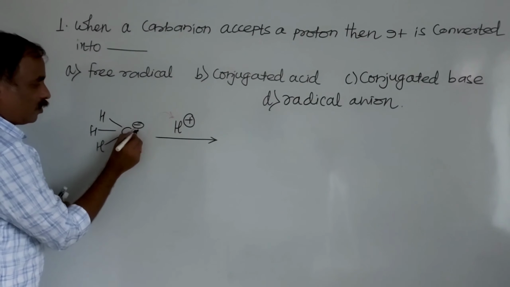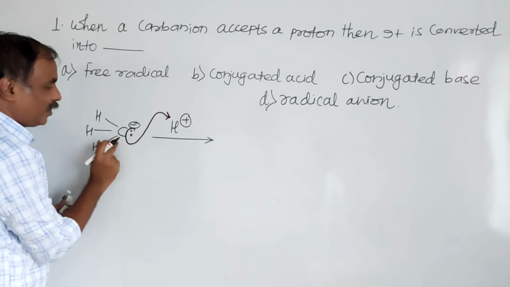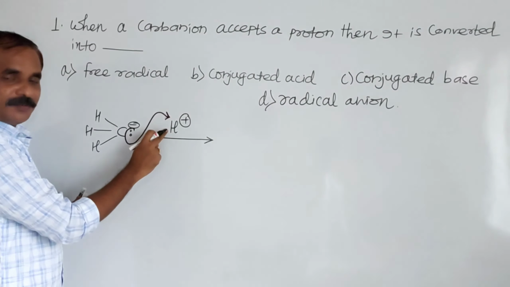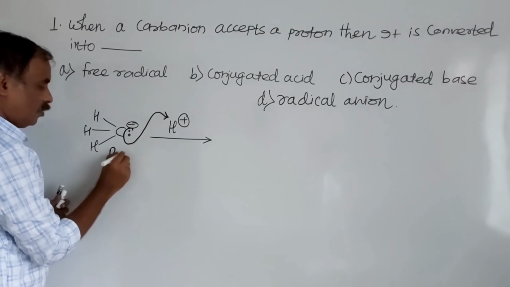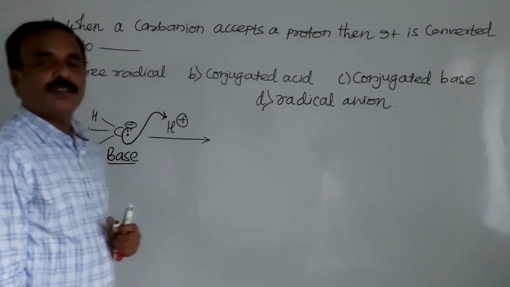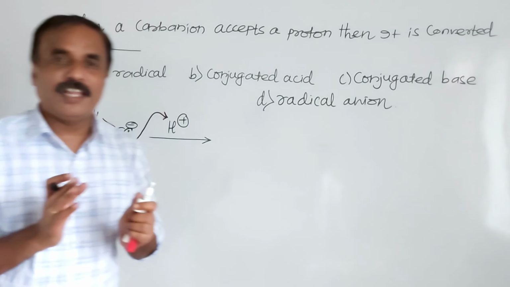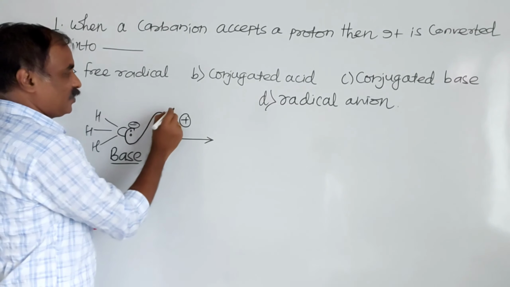That means the carbon is an electron pair donor, and this carbanion is an electron pair donor to H plus. This is a base. We know that an electron pair donor is a Lewis base, and an electron pair acceptor is a Lewis acid.